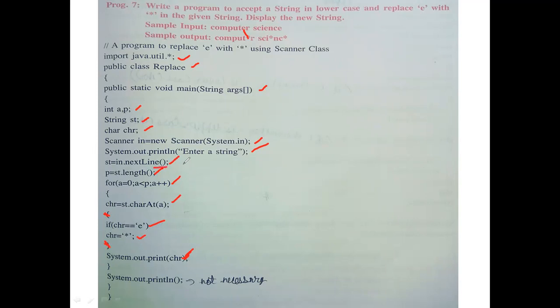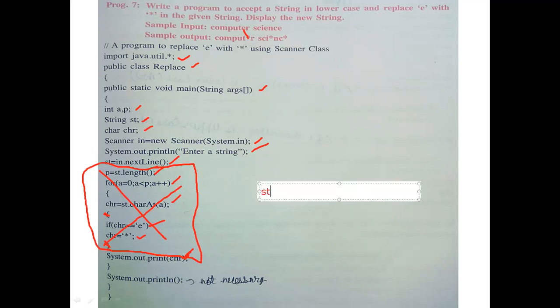Instead of doing all these things, is any better way there? Can you tell me any better suggestion for this? We have learned one function. Which is that function? st is equals to st dot replace.